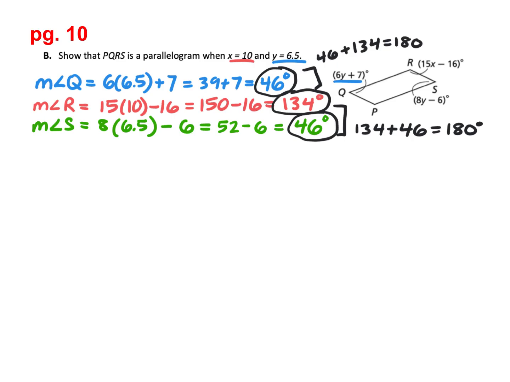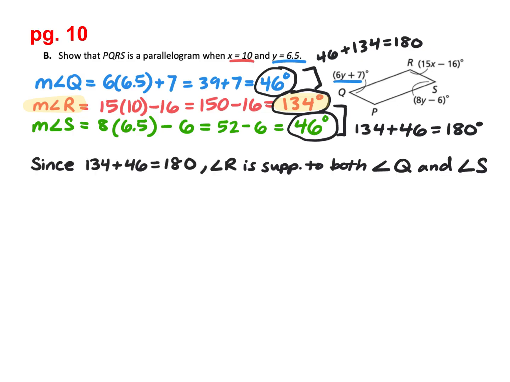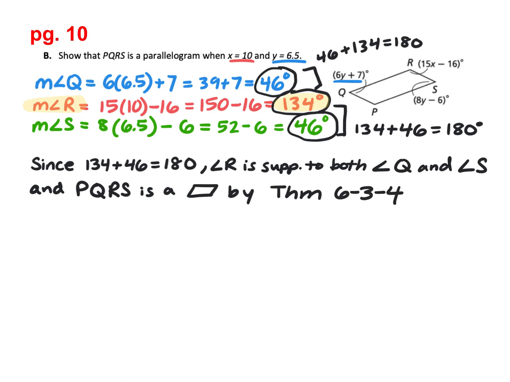Well, we've just shown right here that angle R, which is 134 degrees, is supplementary to angle Q and angle S. So since 134 plus 46 is equal to 180, we have angle R is supplementary to both angle Q and angle S. And if you look at your theorems list, this means that PQRS is a parallelogram by theorem 6-3-4 from your theorems.